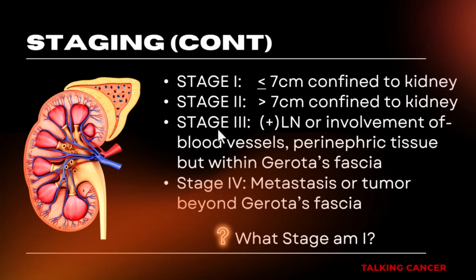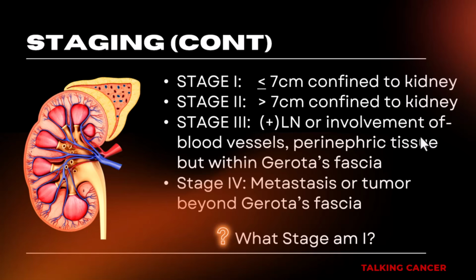Now, stage 3 is a little more advanced, okay? Stage 3 can mean, number 1, you may have regional lymph nodes. So remember the lymph nodes that I showed you on the anatomy portion? You may have some of those regional lymph nodes with cancer, or you may have involvement of blood vessels, again, those arteries and those veins coming in and out of the kidney, or the kidney cancer goes to the perinephric tissue.